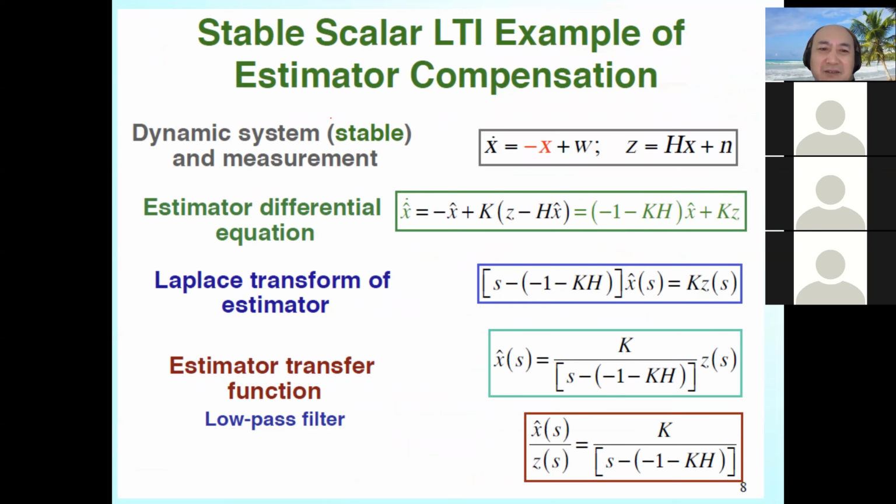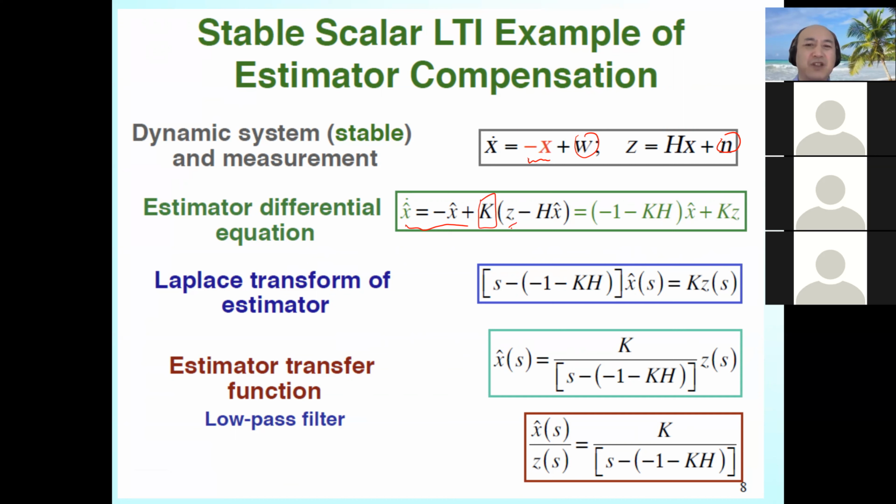Well, let's take a closer look with an example. This is a very simple example. This dynamic system is already stable without noise. These are the noises. This is like my C matrix, the measurement matrix. Then what is my estimator differential equation? I copied the dynamics here, and this is my observer gain.